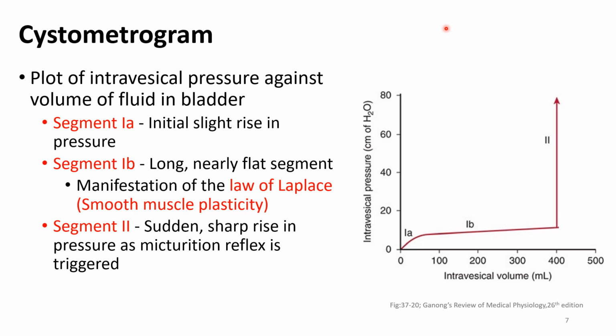Therefore, the pressure increase is little until the organ is relatively full. So this is the law of Laplace. Now once the volume reaches 400 ml, there is a sudden sharp rise in pressure triggering the micturition reflex. So this graph is referred to as the cystometrogram.